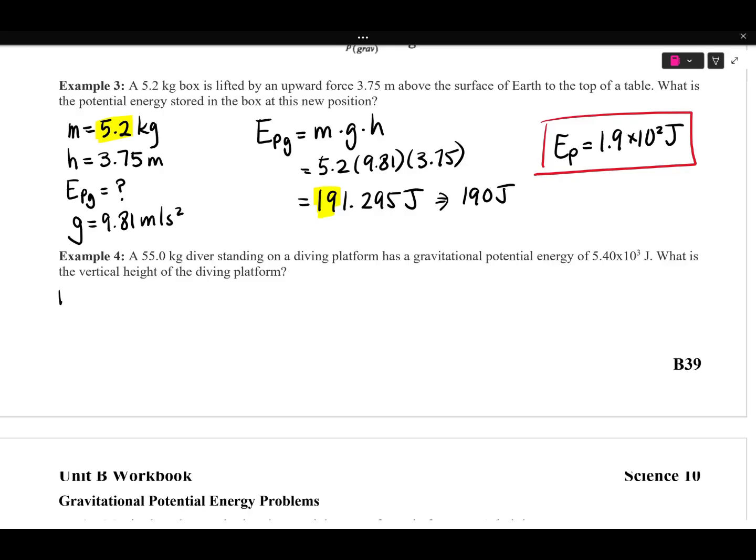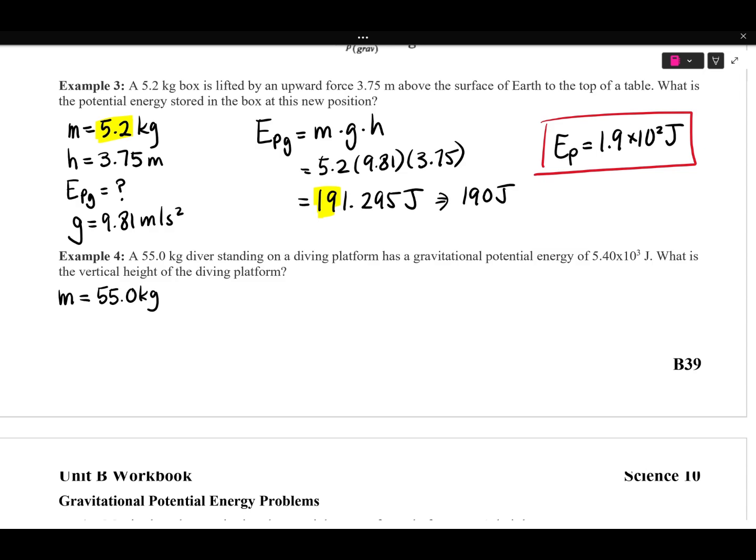Okay, the mass of a diver is 55.0 kilograms. And they are standing on a diving platform, and they have a gravitational potential energy of 5.4 times 10 to the 3 joules. What is the vertical height of the diving platform?